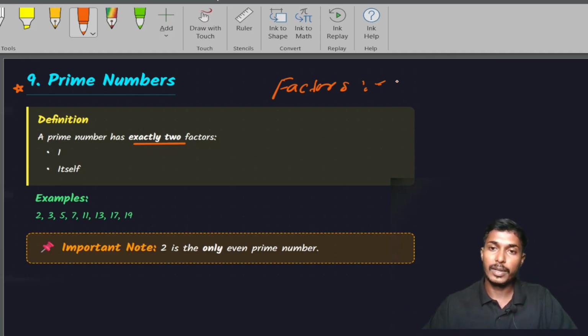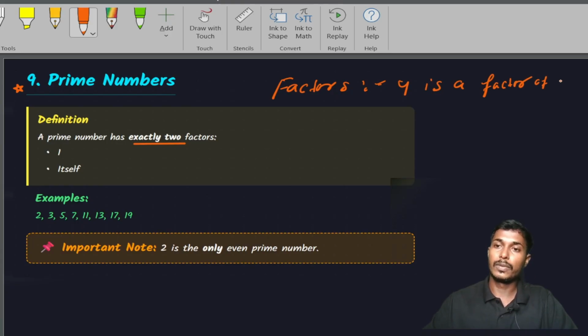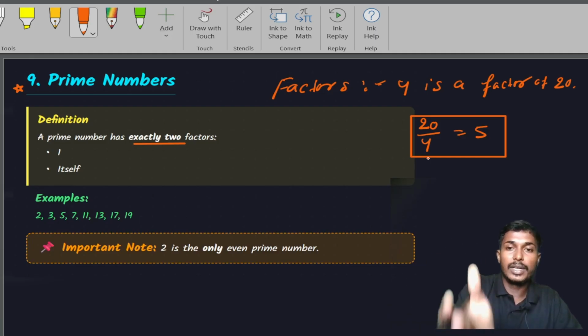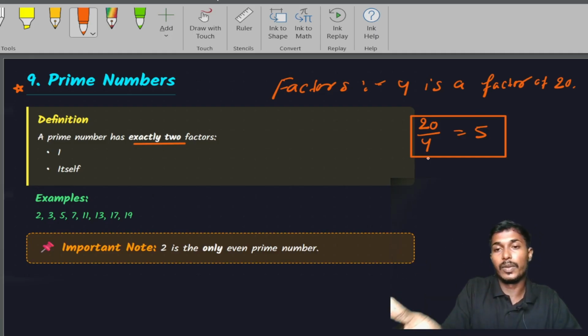For example, if I say 4 is a factor of 20, it means 20 will be divided by 4 completely. There won't be any decimal. So if a number divides another number completely, then this number is called a factor of the second number.